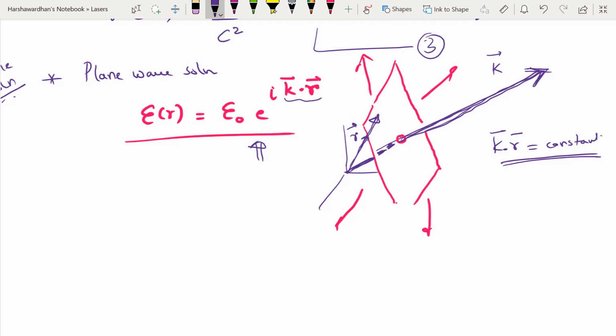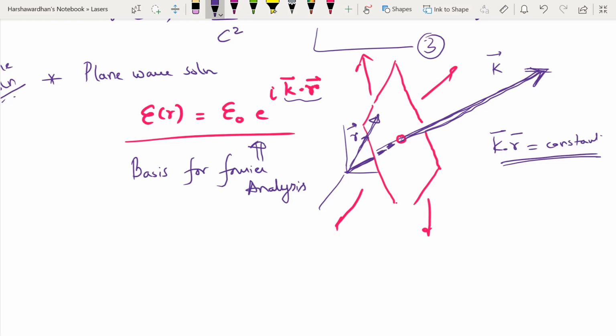But this is a very useful solution simply because it forms the basis for Fourier analysis. If you give me any arbitrary, realistic field, I can always expand it as a sum of such plane waves with different values of k. So in that sense it is a very powerful tool for understanding, and hence it is used very widely.